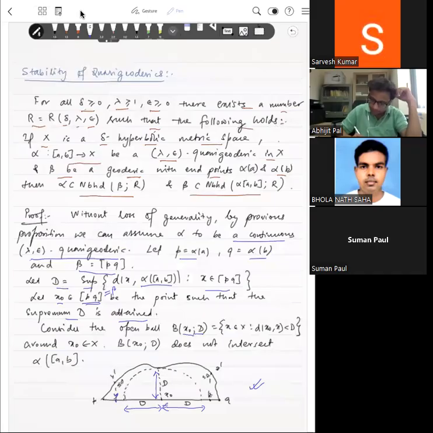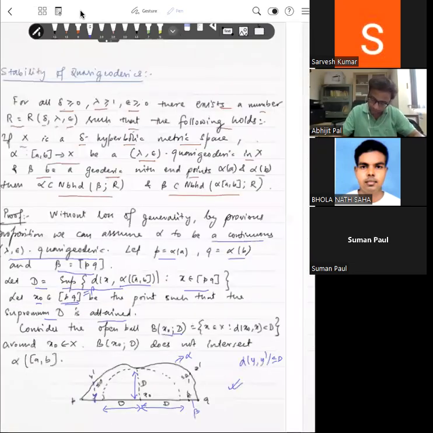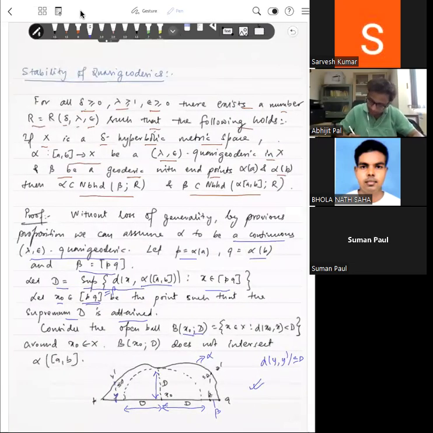Because D is the supremum, there will exist some Y prime such that the distance of Y to Y prime is less than or equal to D, and this Y prime belongs to the quasi-geodesic alpha. That is what I have written here. This is for any point, so I'll choose Y to be a particular point.